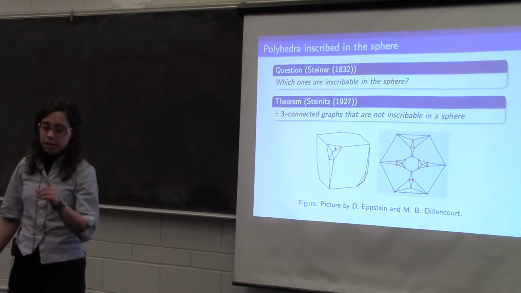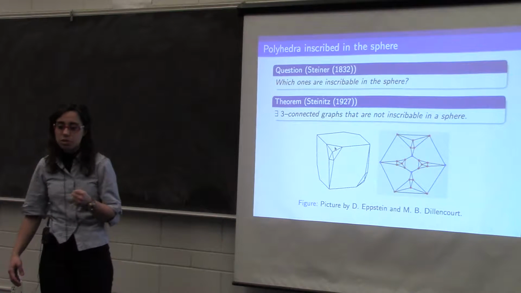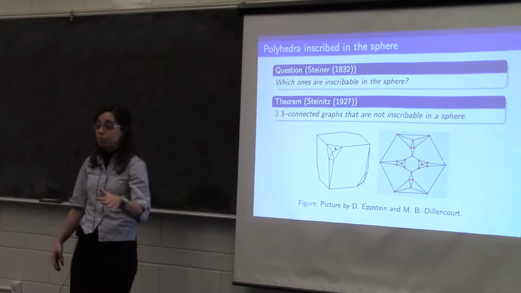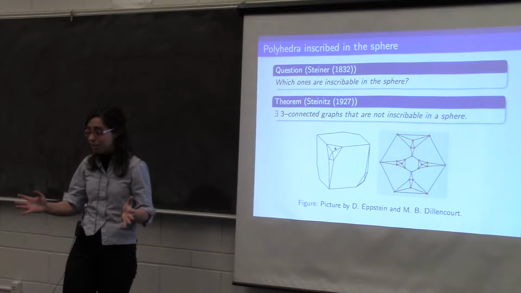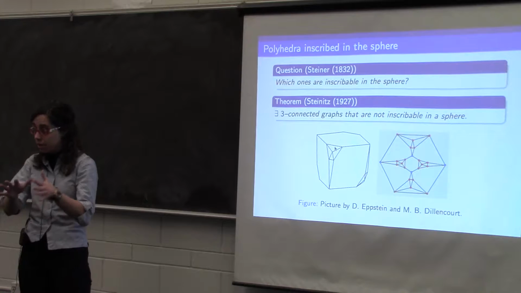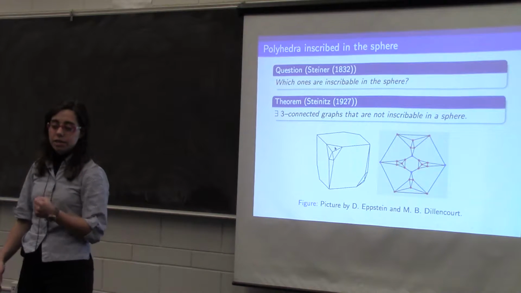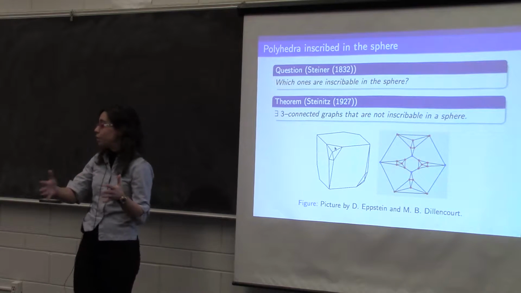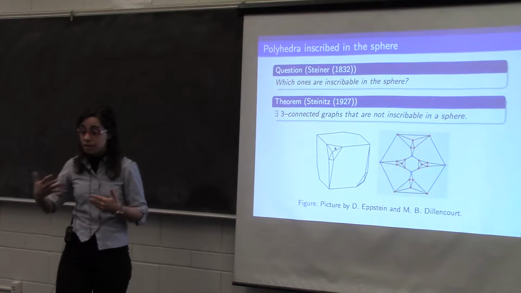I need to tell you some assumptions I will have. When I say polyhedra, I will always assume my polyhedra to be convex. In particular, convex polyhedra are rigid. The other assumption is that from now on, all my graphs will be planar graphs, so I will not state it again.